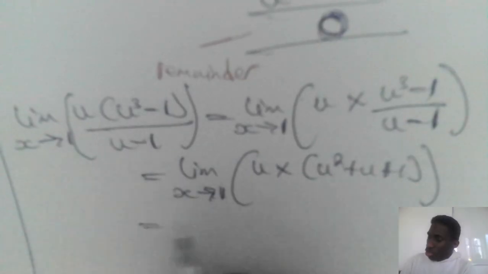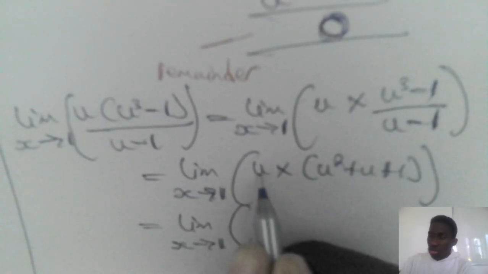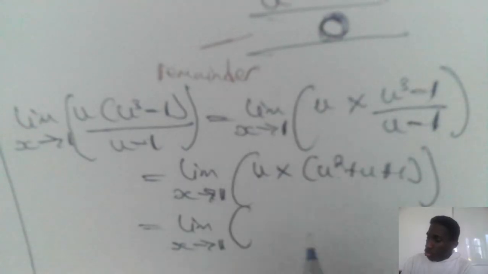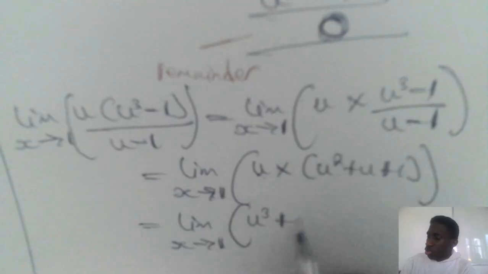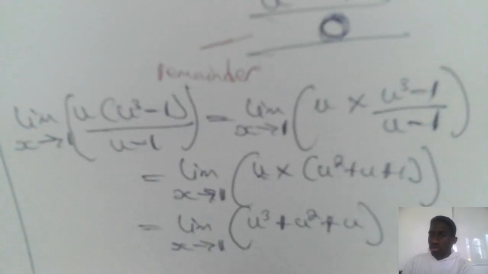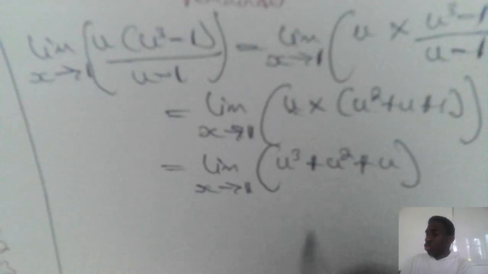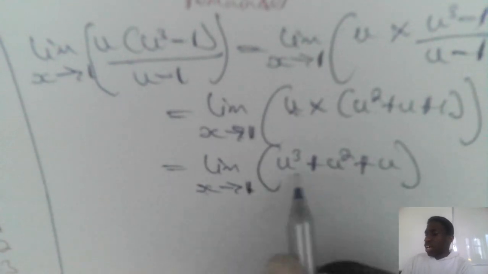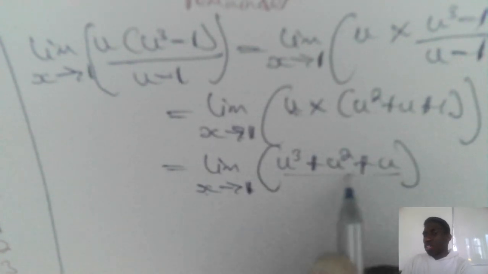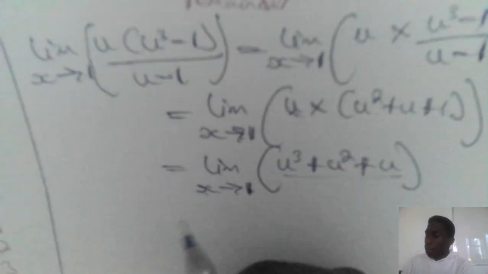So this is just equal to the limit as x approaches 1 of u times u squared, that's u cubed, plus u squared, plus u times 1, that's u. But before that, this is as x approaches 1, and these terms are in u, so we have to use our substitution to change it back.